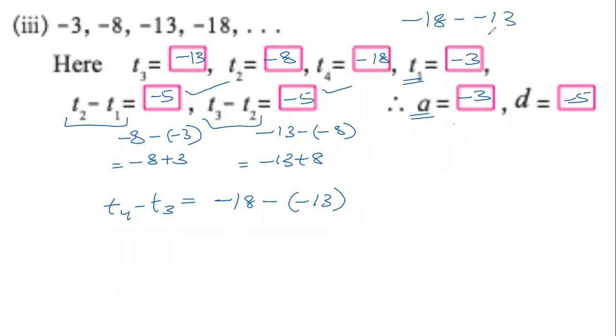When two signs are one after another, then we must put the other term in brackets. Then this becomes -18 plus 13. So this is also -5. Very simple calculations. Once again, solve it in the notebook and confirm once you are ready.